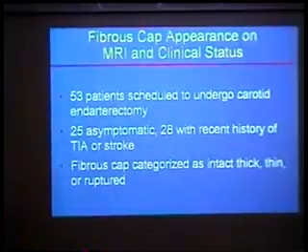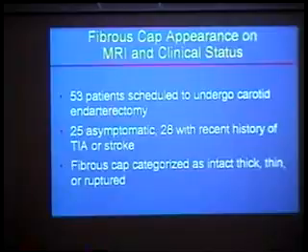What is more interesting is that, based on this kind of MR criteria of simply labeling lesions into three categories as ruptured cap, thin cap, and thick cap, we looked at whether this information from MR images actually correlates with the patient's symptoms when they're having surgery. This is the study where we looked at 53 patients.